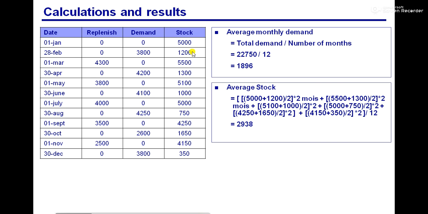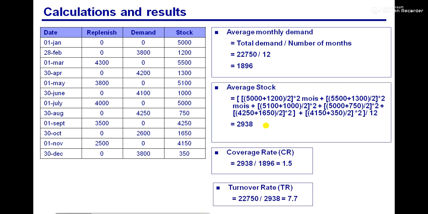It is the sum of the stock we initially had from the previous period, 1,200, and the quantity we just brought in, the replenishment. It is the same for the rest of the dates. So we simply apply the formula I already explained, and the rest is just simple calculations.